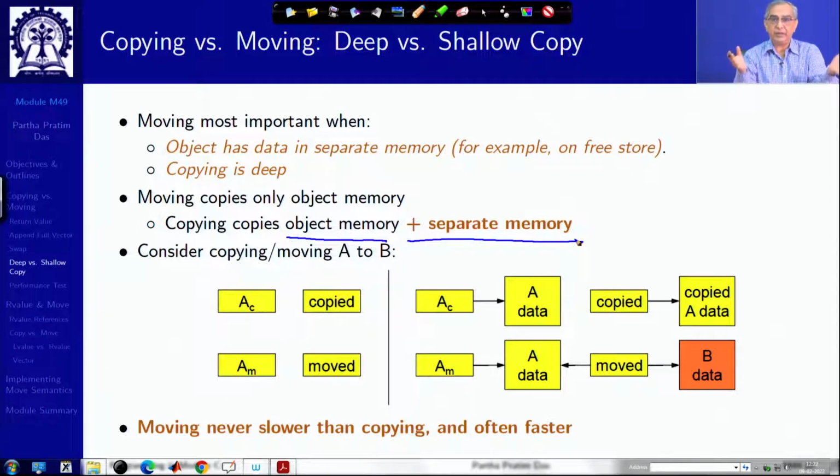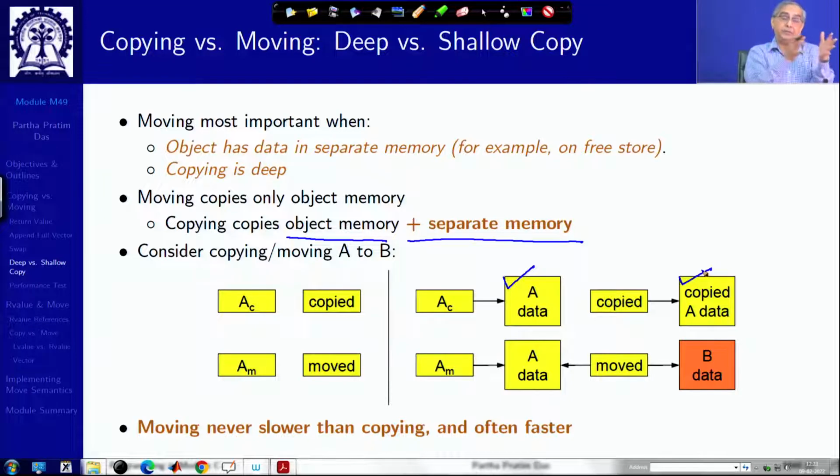So, they are in a separate memory. So, when we talk about copy, we mean a deep copy, that is, copy the object memory as well as the separate memory. So, if I have A, then I copy, then I have A's data, and I will also have a copy of the A's data from the separate memory. That is the deep copy we say.